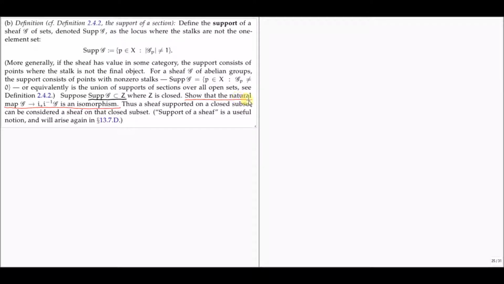This natural map is actually given by the adjunction of the inverse image and the push forward. Remember, there's a natural bijection between the morphisms from pi inverse G to F and the morphisms from G to pi star F.